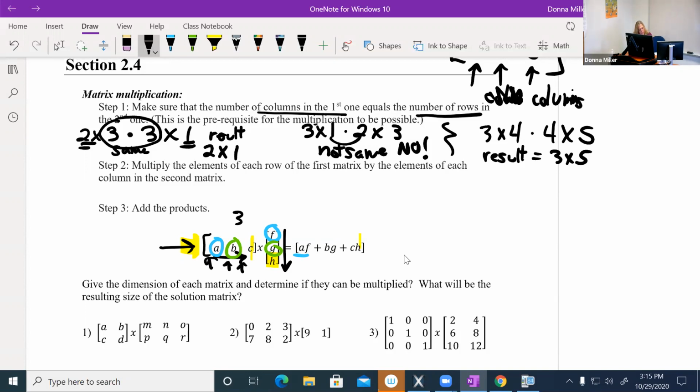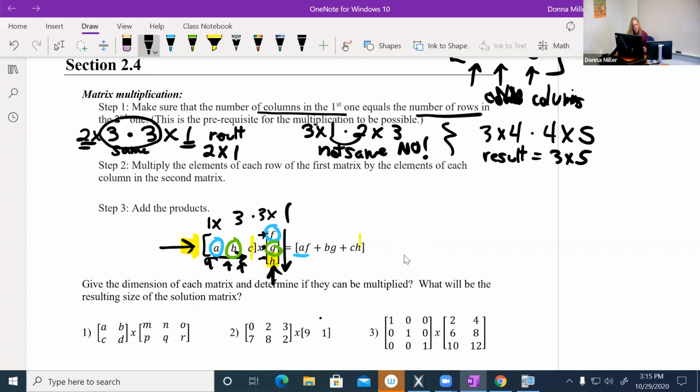How many rows? It's just 1. Yes, it's 1 by 3. How about this guy? What's his dimensions? How many rows? 3. And how many columns? 1. One column, straight up and down.